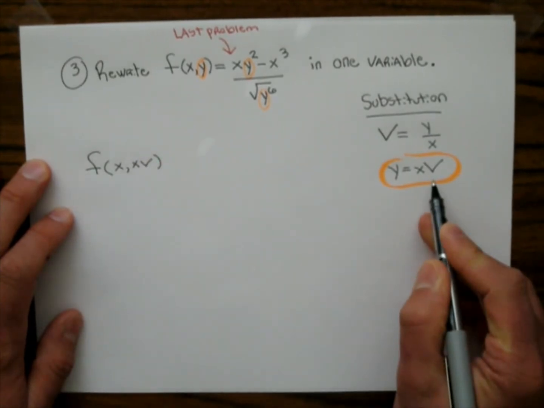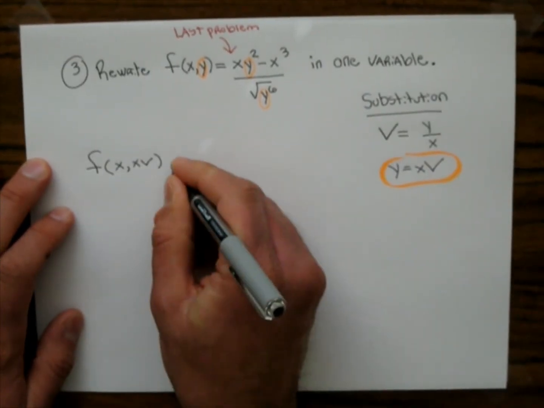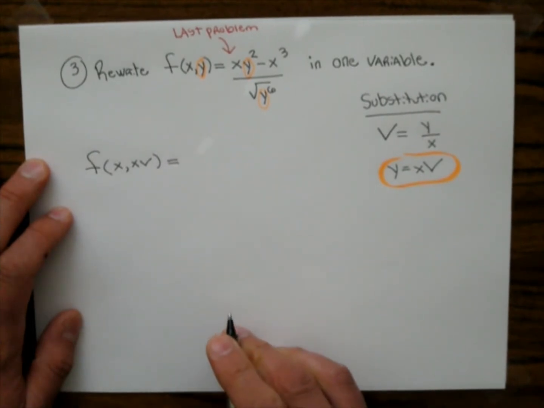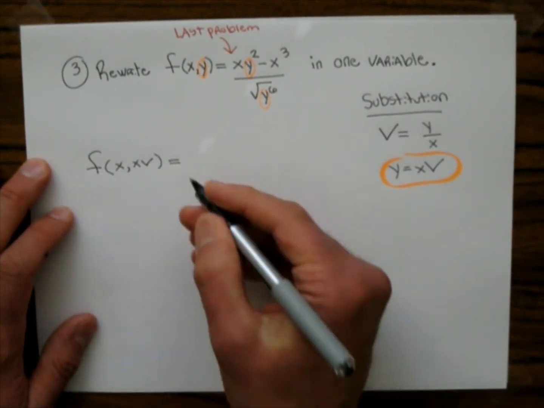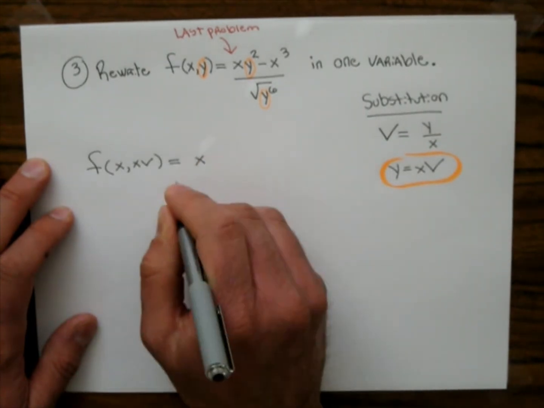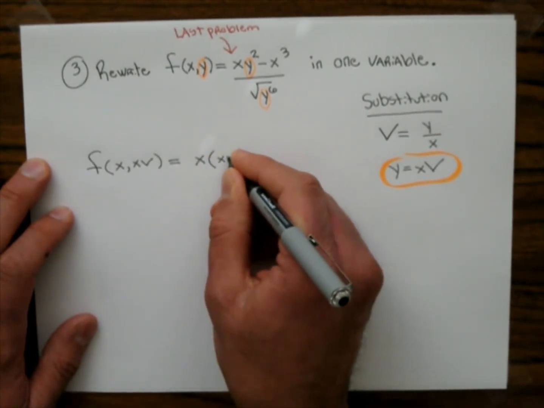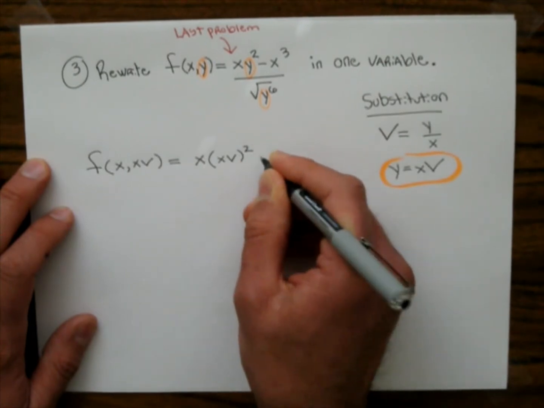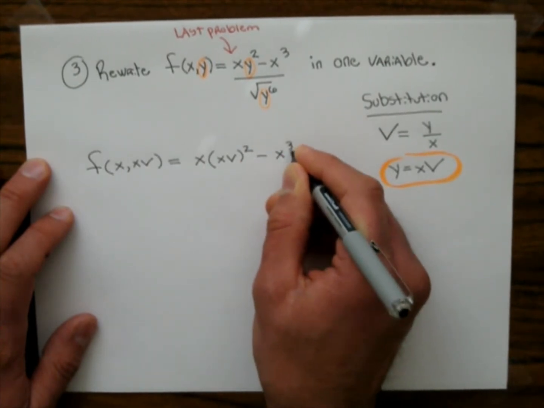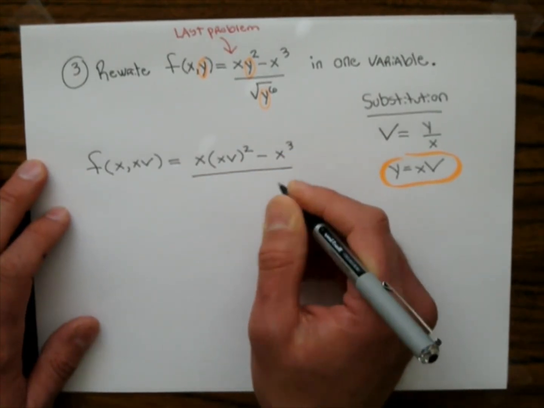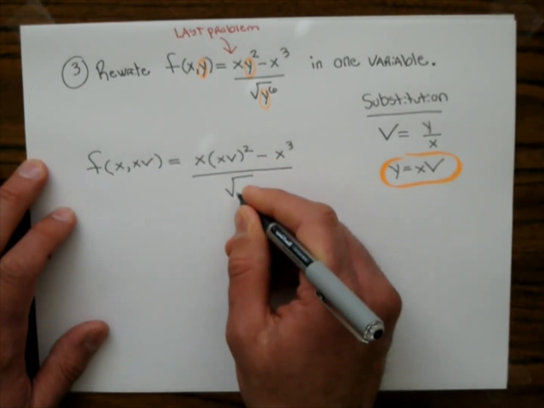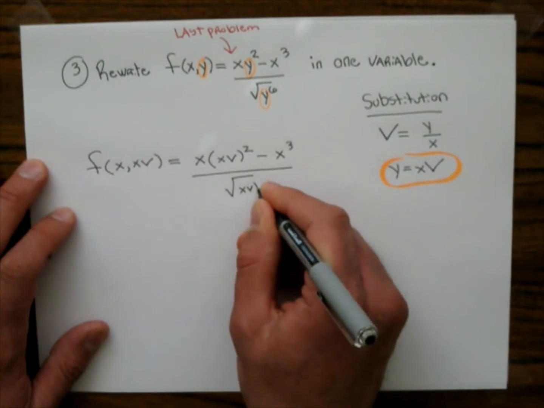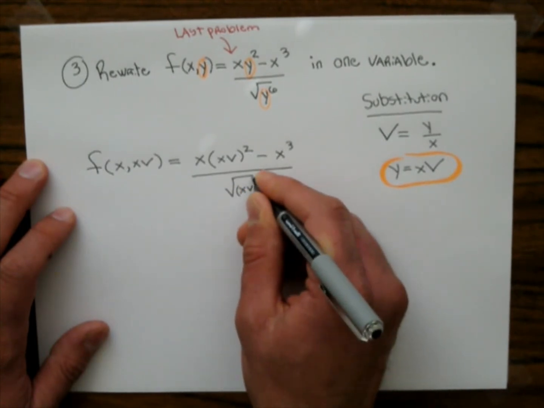It looks like a capital V. Your guess is as good as mine on whether it's capital or lowercase. So this is x, and then we have xv squared minus x cubed all over the square root of xv to the sixth.